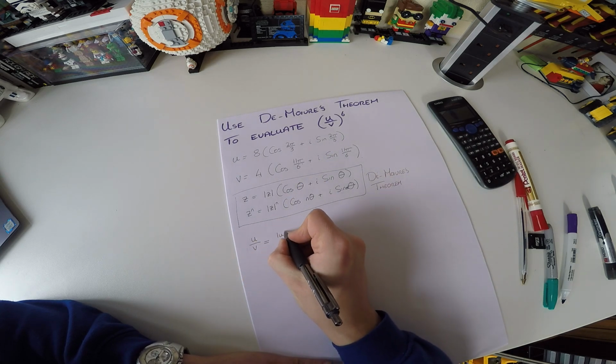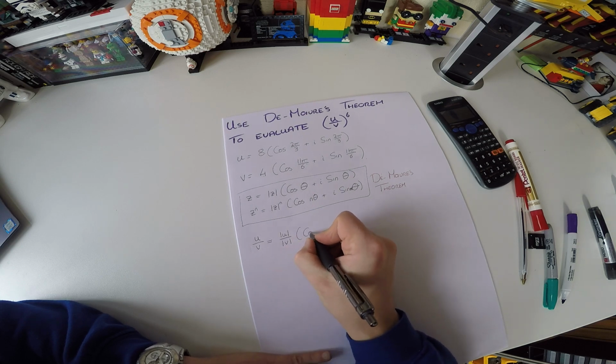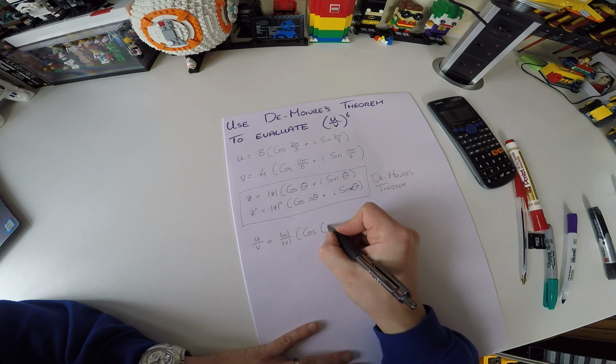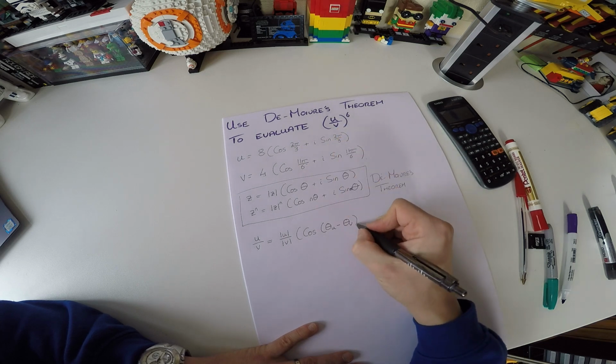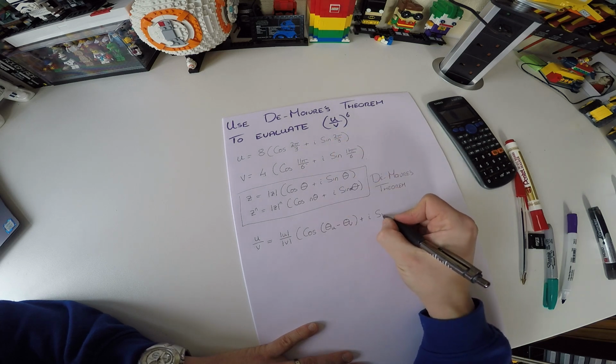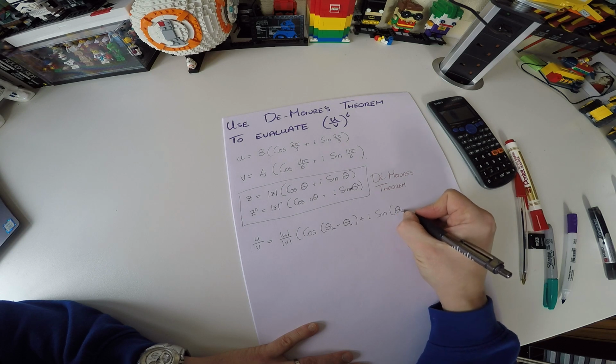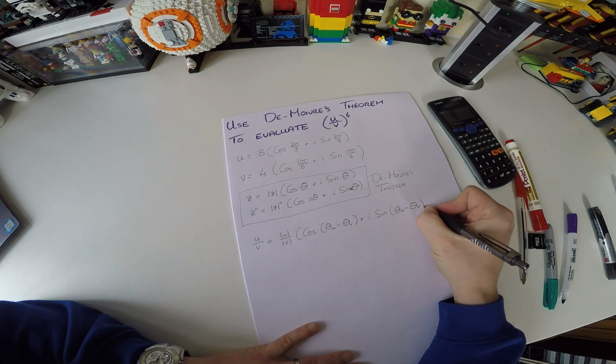Well, u over v is going to look something like this. The modulus of u over the modulus of v times the cos of, we'll say, theta u minus theta v, so this angle subtracting this angle, plus I sine of theta u minus theta v.